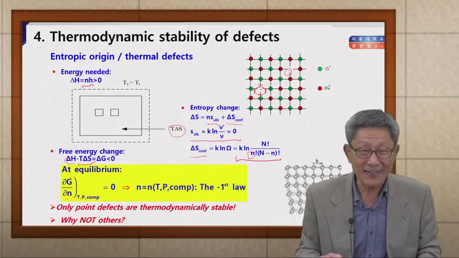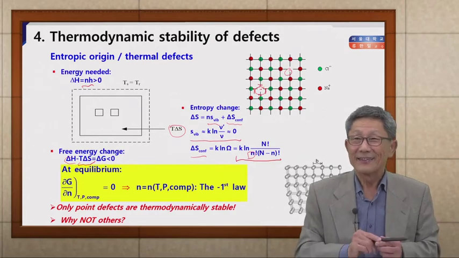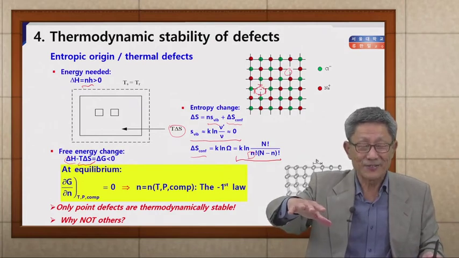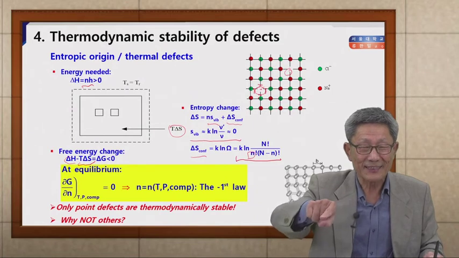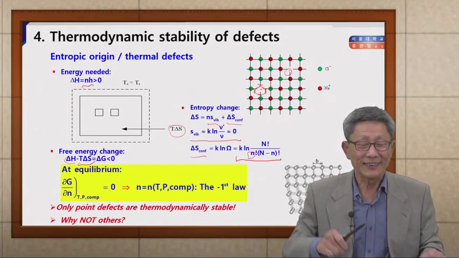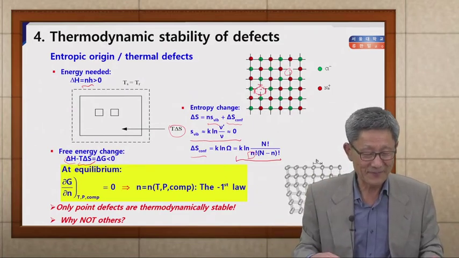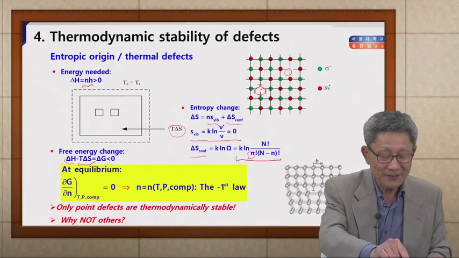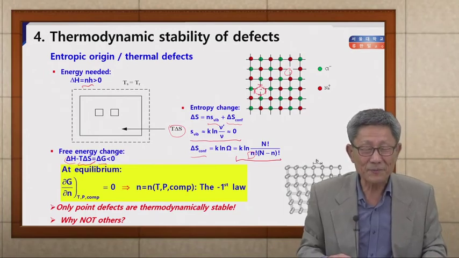That is the natural direction of change, isn't it? Anything in this universe changes in the direction of decreasing Gibbs free energy. So at equilibrium, Gibbs free energy should be minimum.